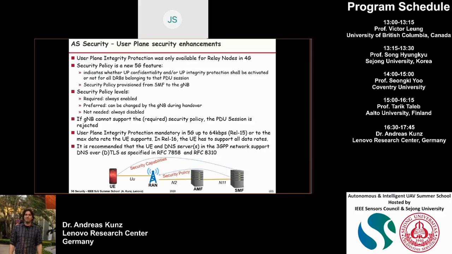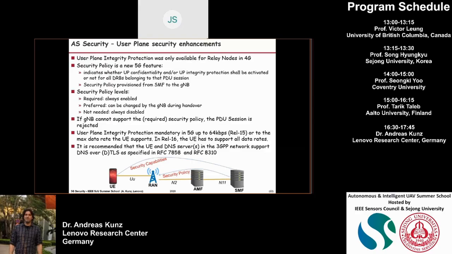The problem was that the UE would never indicate the maximum data rate because the chipsets were not able to provide this kind of user plane integrity protection. In Release 16 now, the UE has to support all data rates. What is interesting to mention, this is only a requirement to the UE. We don't have a requirement that the G-Node B has to support all UEs with user plane integrity protection.